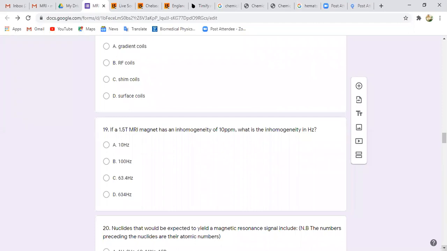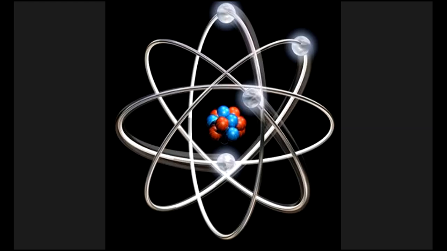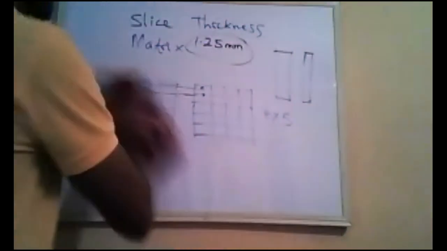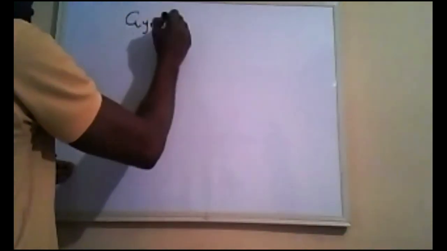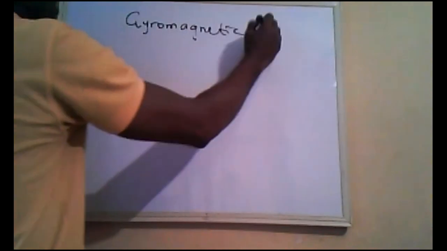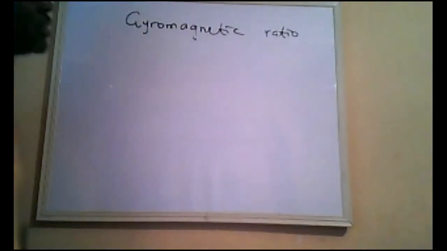Okay, let me stop the share. Hydrogen has the highest gyromagnetic ratio.